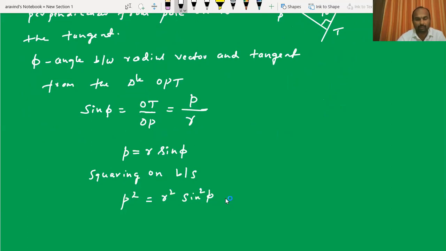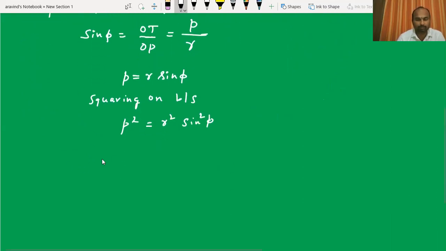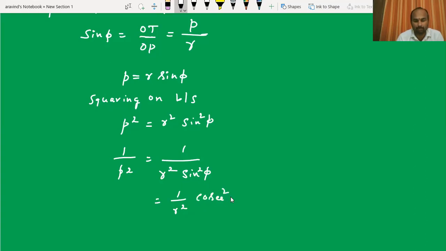I will take the reciprocal of this equation. That is 1 by p square equals 1 by r square into 1 by sine squared phi. The reciprocal of sine square is cosecant square phi.